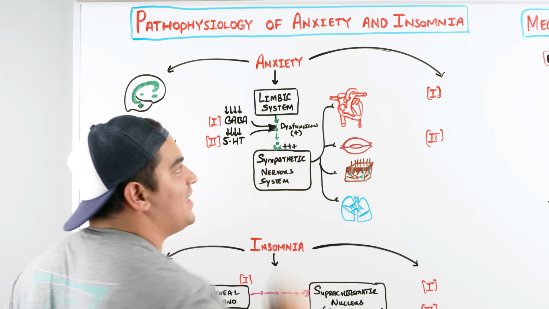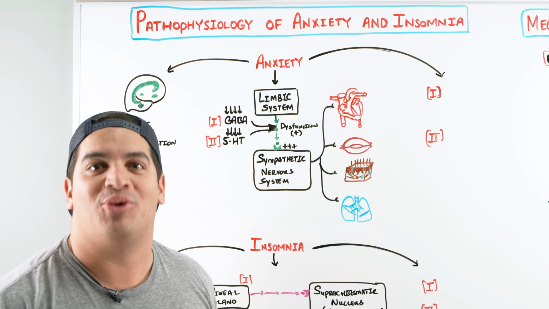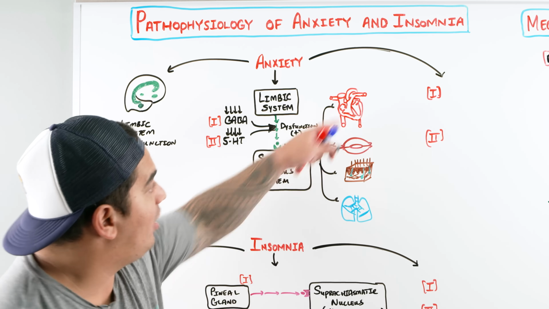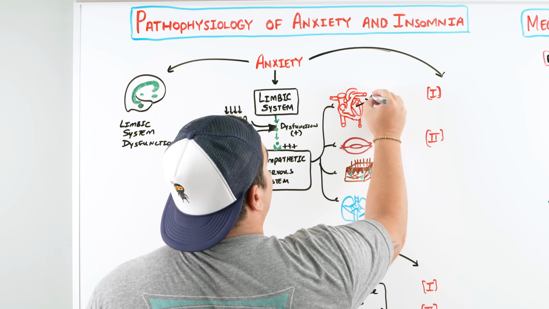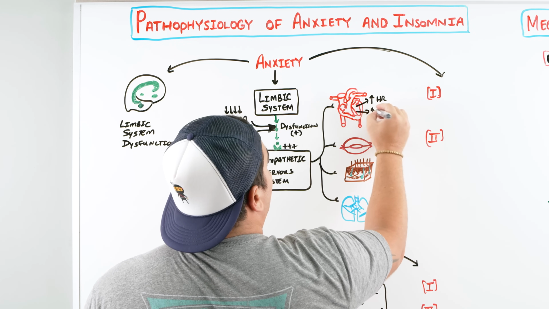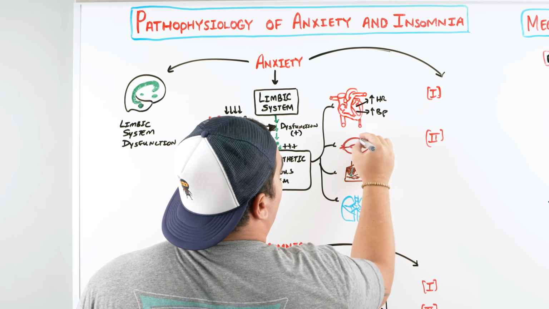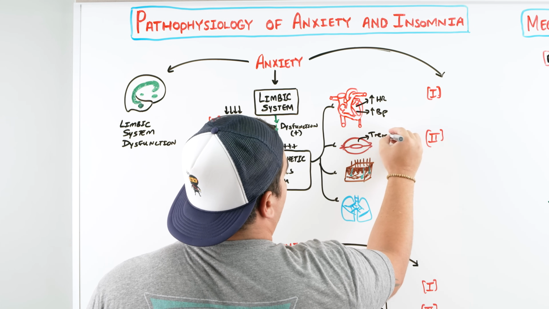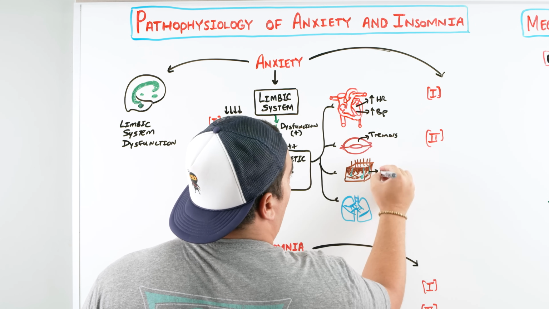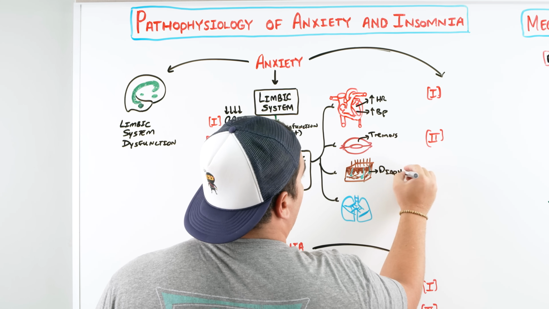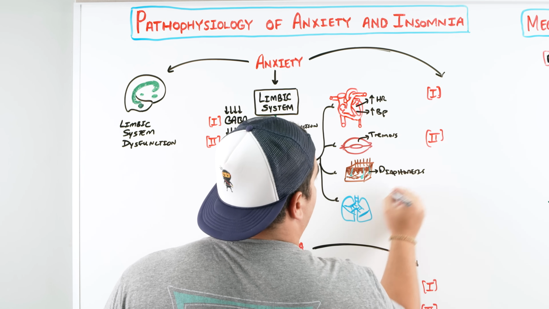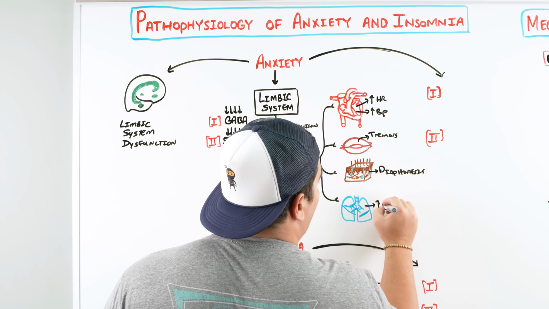The sympathetic nervous system then has the ability to stimulate multiple different organ systems, like the heart, where it increases your heart rate. It increases your blood pressure. It acts on the muscle spindles and causes tremors. It acts on your sweat glands and causes diaphoresis. It also acts on your respiratory system and maybe increases your respiratory rate.